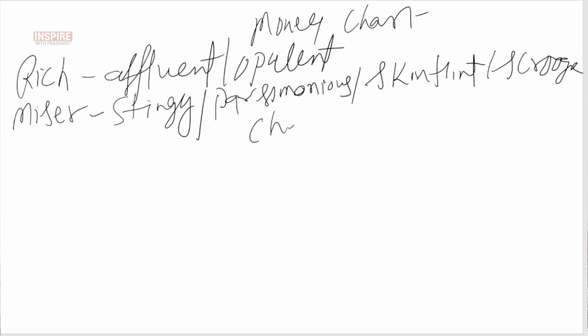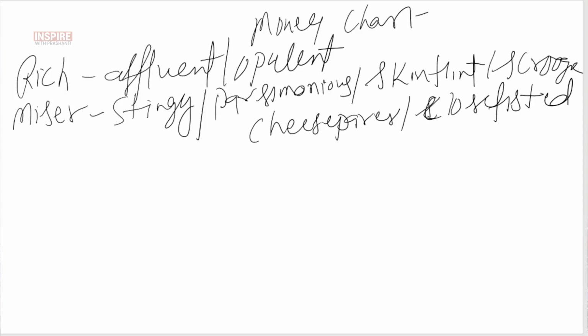So when you talk about the people who are miser, who never spend money, words like cheeseparer, words like close-fisted, parsimonious. How about remembering this word from the Parsi community? Parsi people are very stingy. Just joking. But I remember this word because of parsimonious. Okay, Parsi people are stingy, so parsimonious is somebody who is very, very miser.